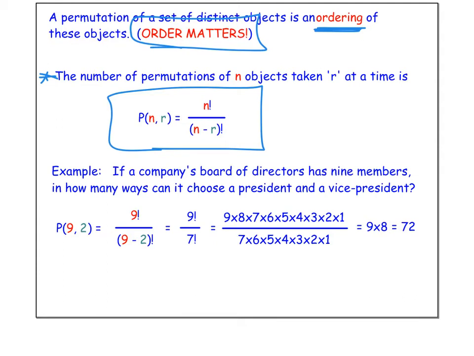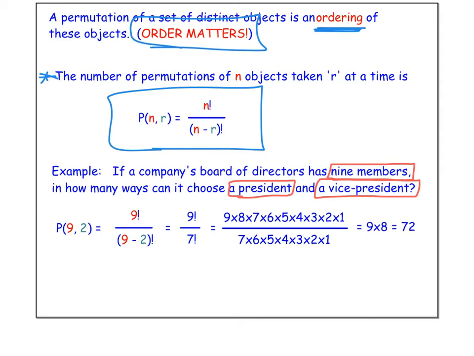It's easiest to just jump into an example problem. So here it is, to understand what a permutation is. If a company's board of directors has 9 members, how many ways can it choose a president and a vice president? Does the order matter in which a president and a vice president is chosen?